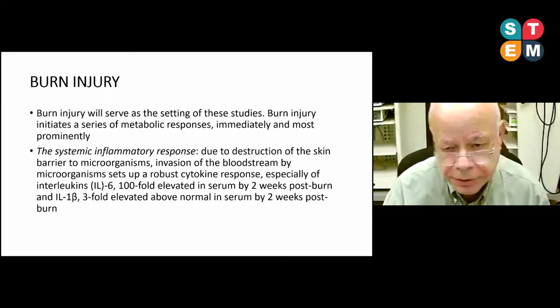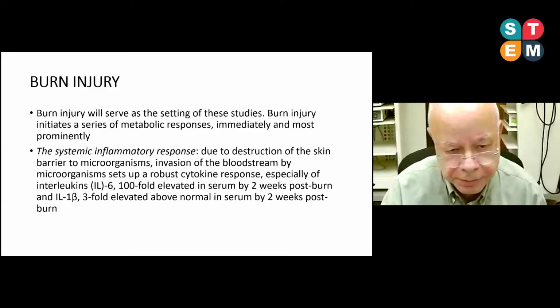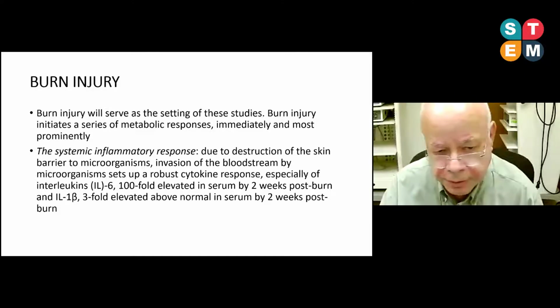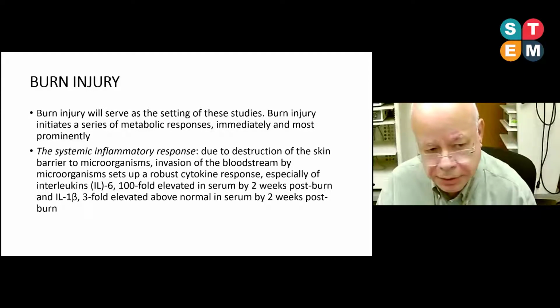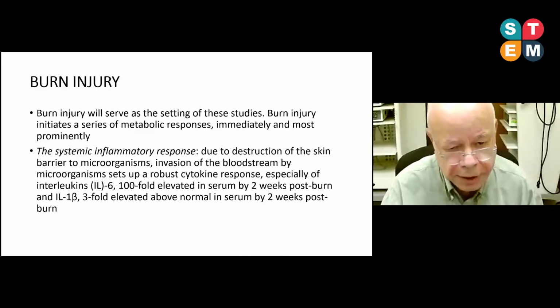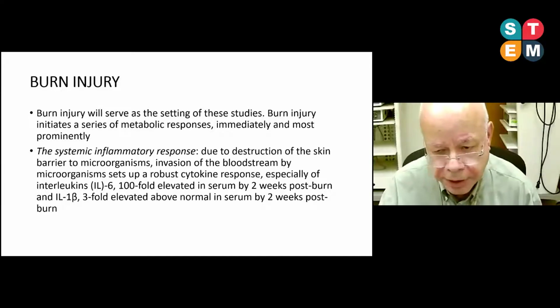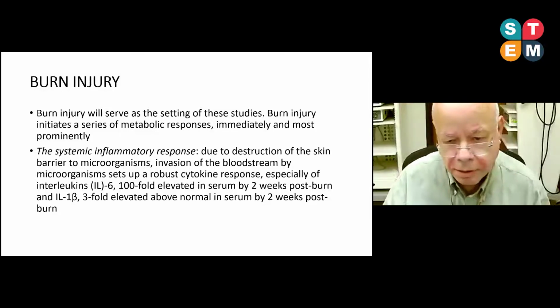And this occurs due to destruction of the skin barrier to microorganisms, invasion of the bloodstream by these microorganisms, set up a robust cytokine response, especially for interleukins IL-6, which is 100-fold elevated in the serum by 2 weeks post-burn, and IL-1 beta, which is 3-fold elevated above normal by 2 weeks post-burn.